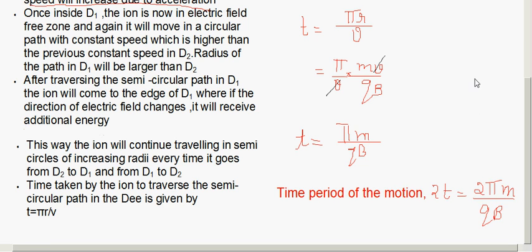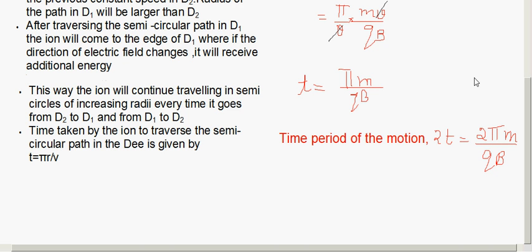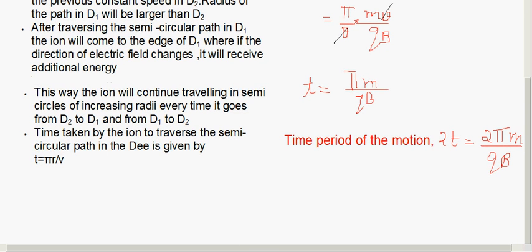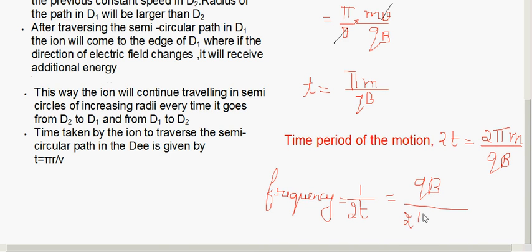Or the frequency will be equal to 1 by T. The frequency of this motion is equal to 1 divided by 2t, or 1 by capital T, which is equal to qB divided by 2 pi m.